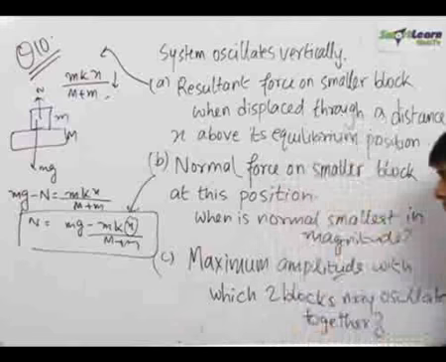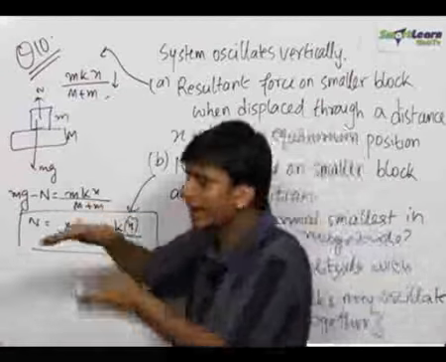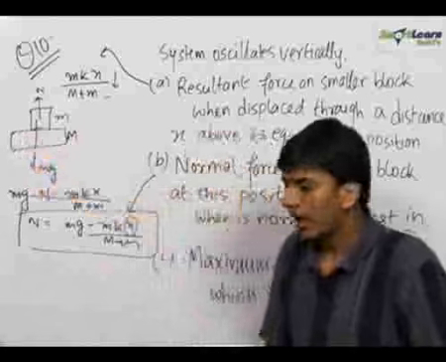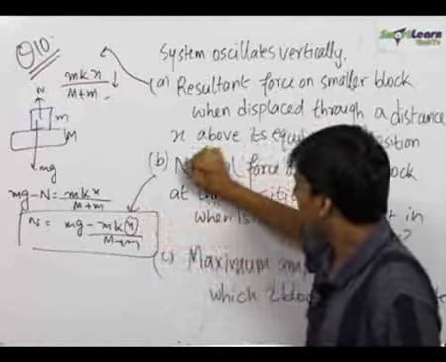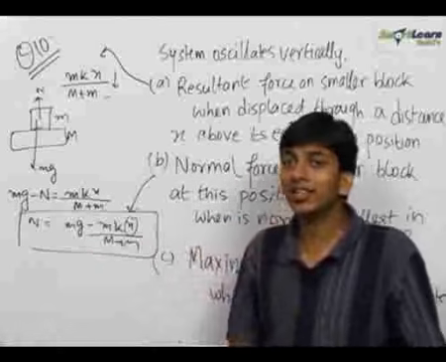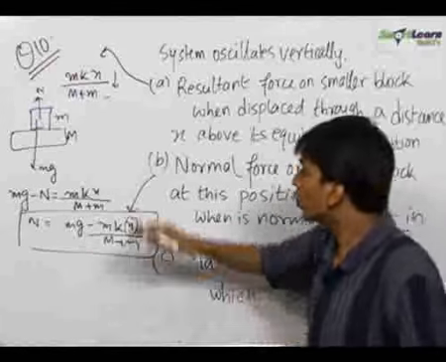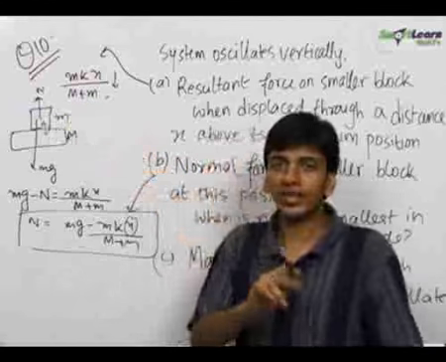At this stage there is just very slight contact between these two blocks. If we increase x by that amount, the normal reaction becomes negative, but the normal reaction cannot become negative. So what really happens is that these two blocks lose contact.